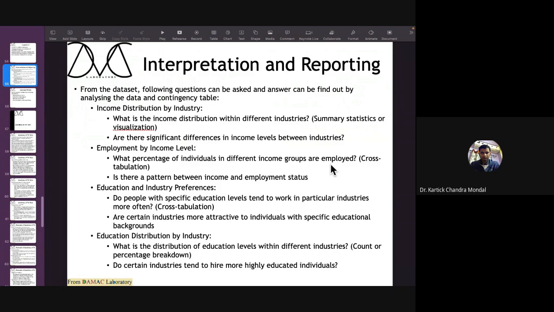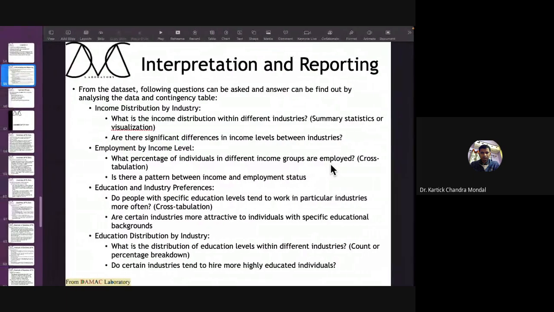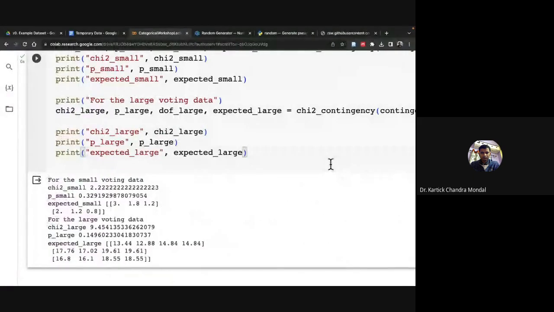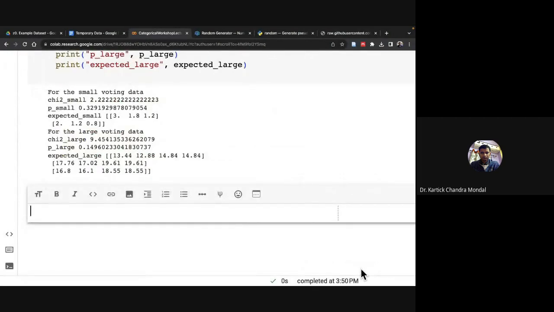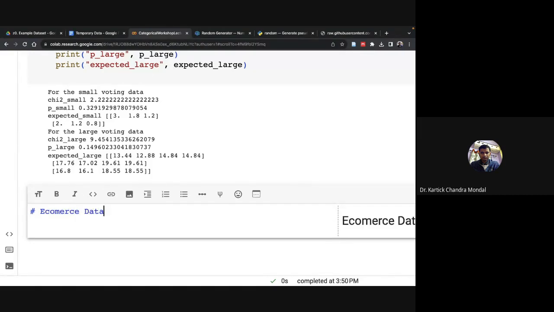Now we will use a data set to work on this and try to understand the data set in an analytical manner. Although it is very small and not so healthy e-commerce data, it's a general e-commerce data, but you can get some idea.